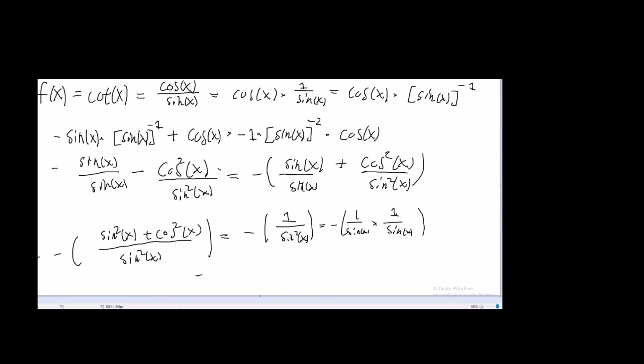Yes, that's right. This is the same thing as negative cosecant of x multiplied by cosecant of x, because 1 over sine of x is just equivalent to cosecant of x, and this is equal to negative cosecant of x squared.